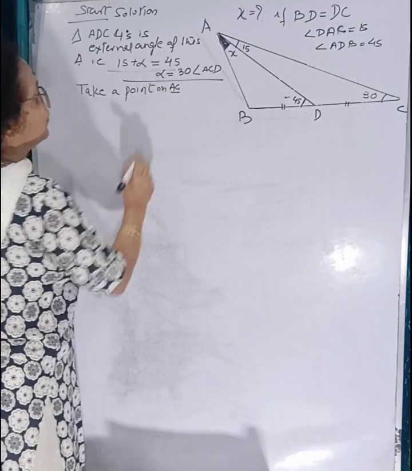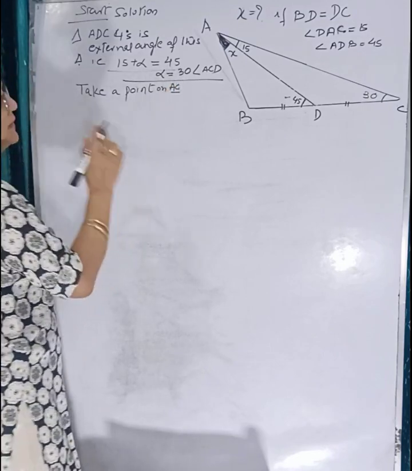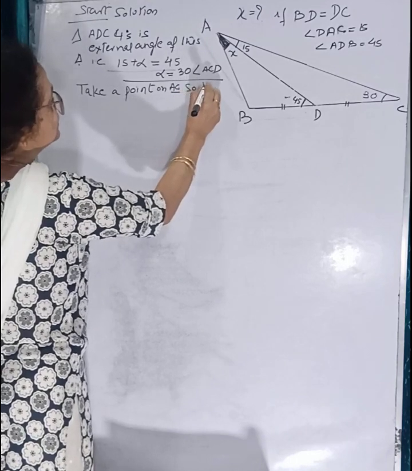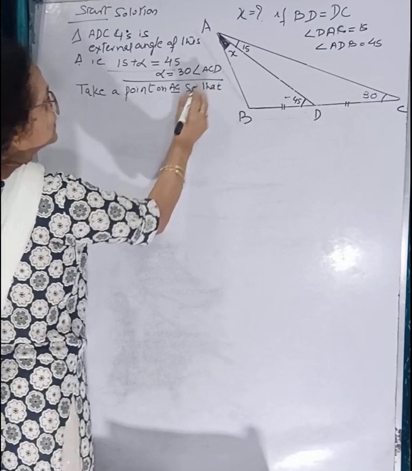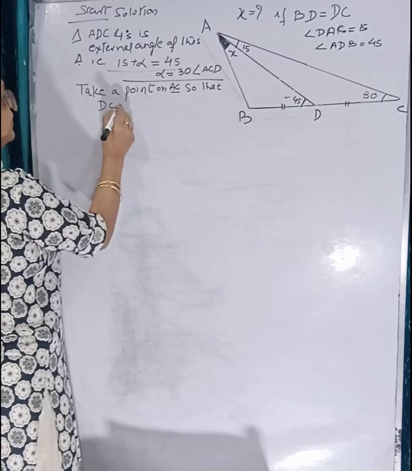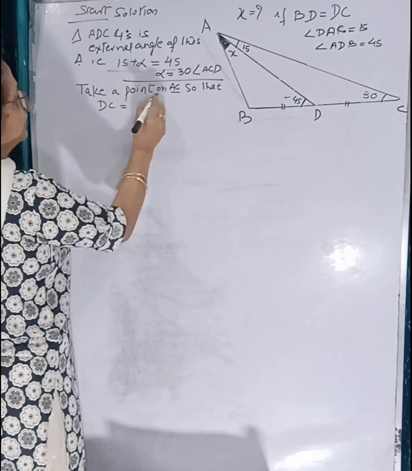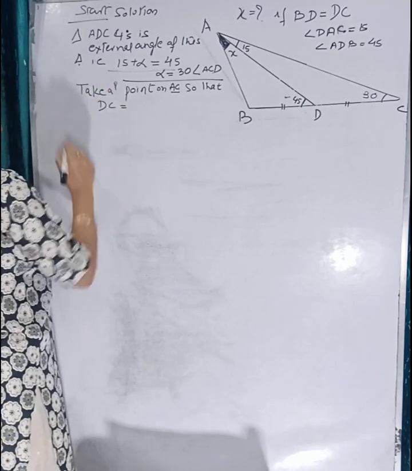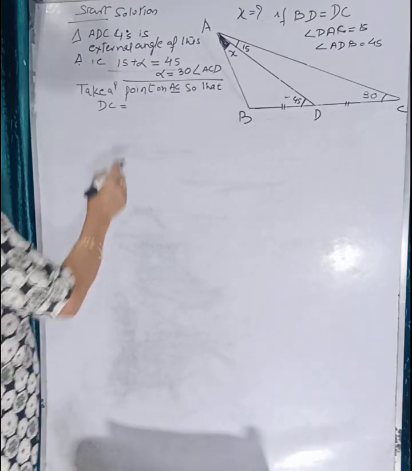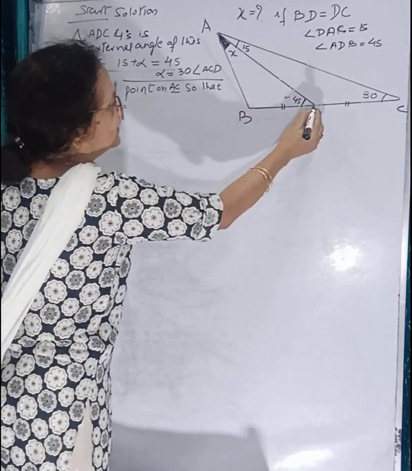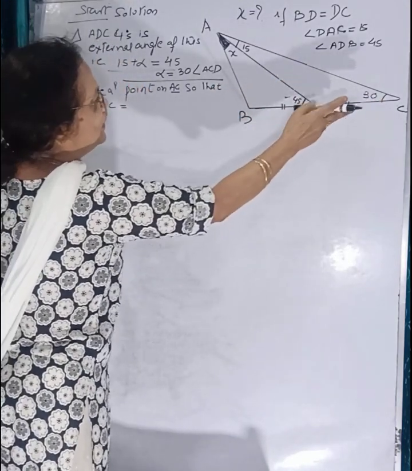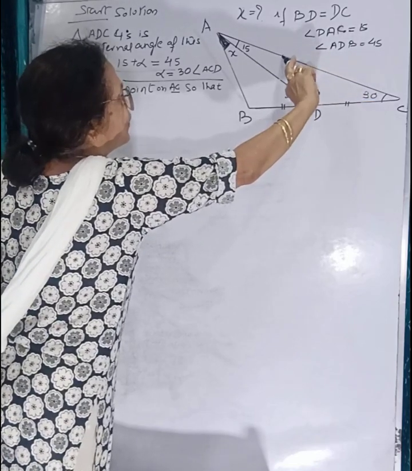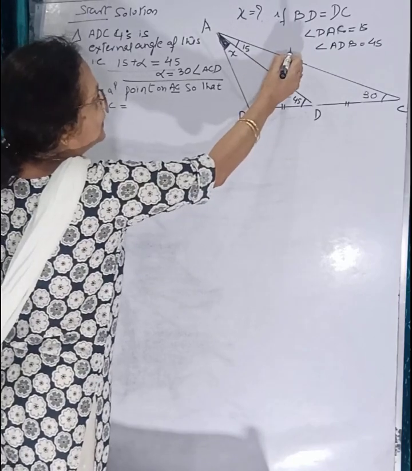We have to take a point on AC in such a way that DC will be equal to a point P. So we suppose that this is P. We have to take a point P on AC in such a way that this distance will be equal to DC. It means यहाँ center माना and then okay, yeah, this is the point P.